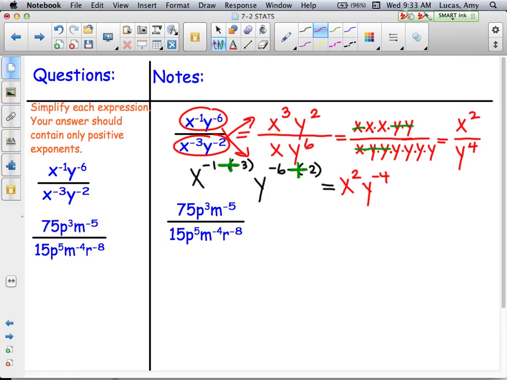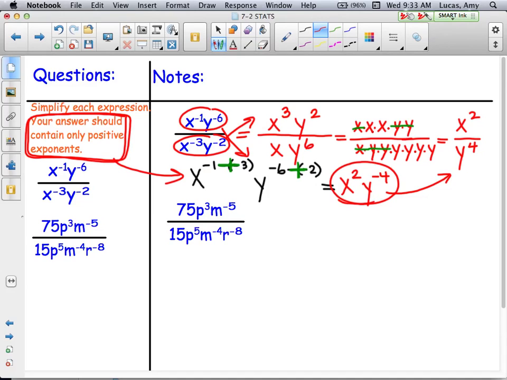So then you would still have to understand that that negative exponent, when you read the directions over here, it says your answer should contain only positive exponents. So that's why using this shortcut method, you aren't going to be able to keep your answer written as x squared y to the negative fourth. Your answer has to be written with only positive exponents. So you have to show your understanding of the negative exponent, meaning the reciprocal, by writing it on the bottom of the fraction. All right, next example.